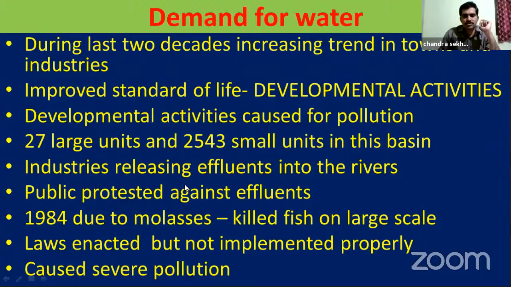The industries should set up effluent treatment plants or recycling plants, and they should release effluents only after recycling. Without recycling, industries should not release water into the river basin. But due to lack of supervision and lack of punishment, the industries are not following proper environmental guidelines, and they are releasing effluents as they are, causing pollution in the river water.